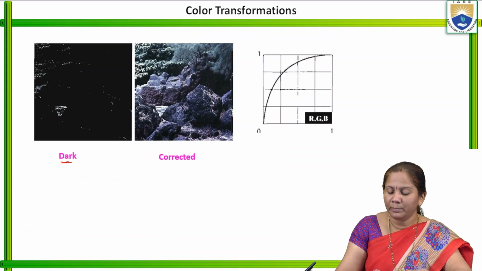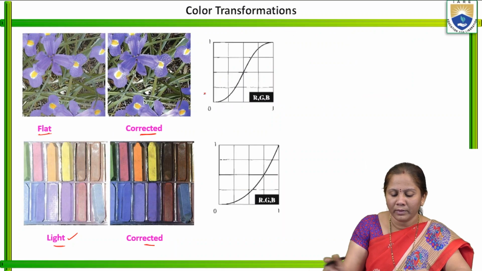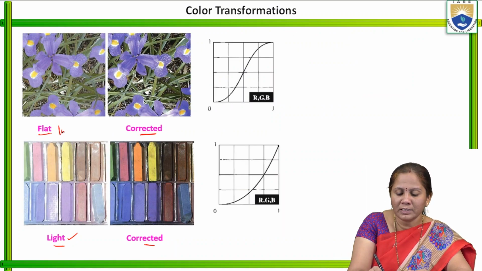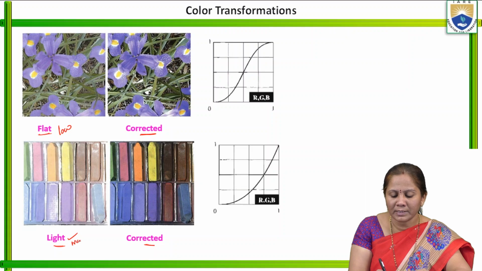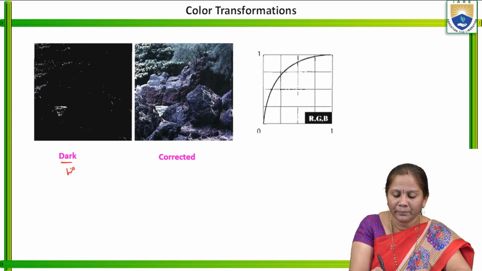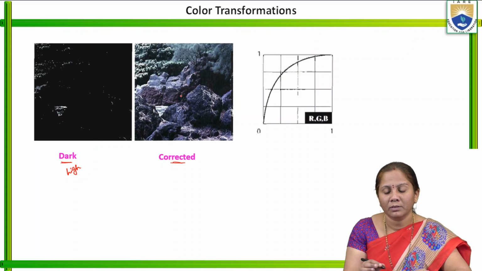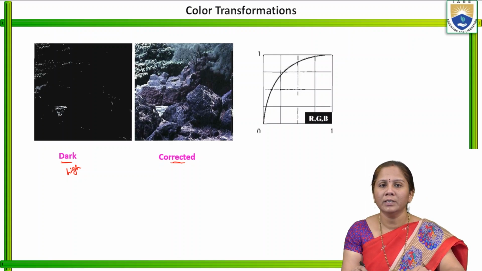So dark key type here represents high key type. So this flat represents low and this light represents moderate and this dark represents high key type. If it is corrected, we can see the intensity of the image is changed.